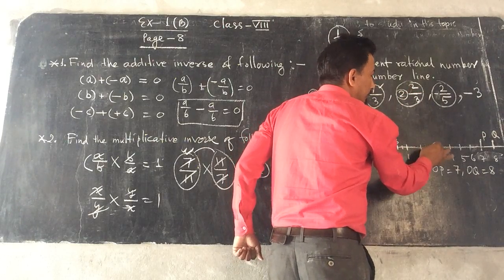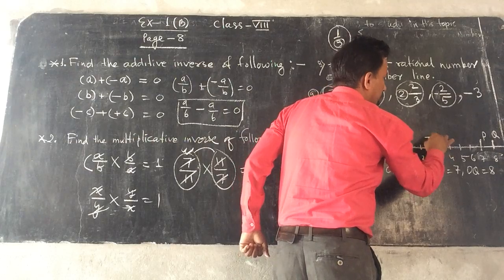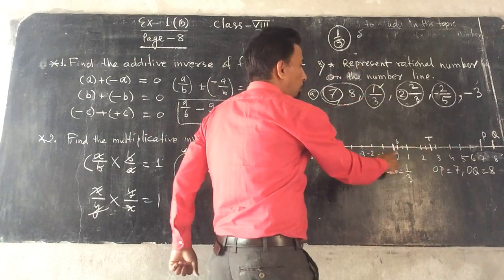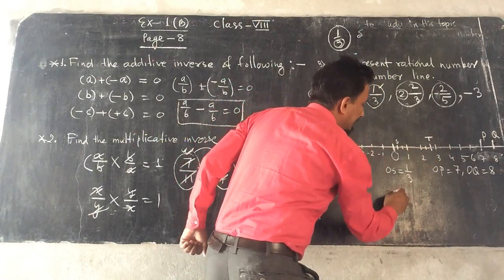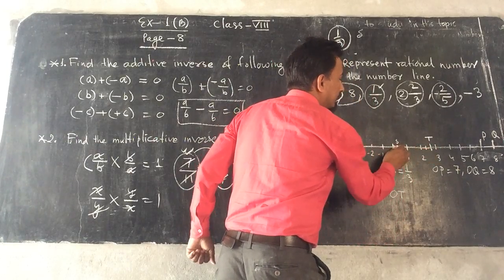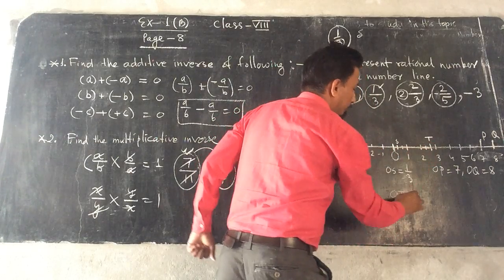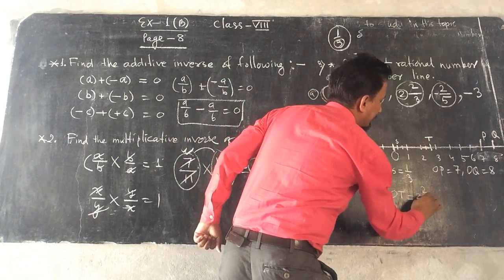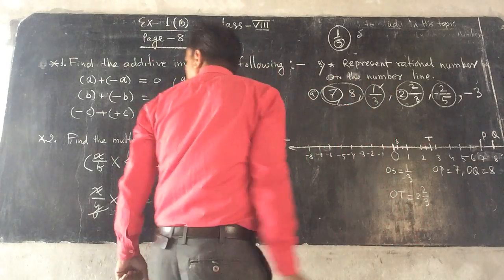Got my point? It is ST. It means OT, which is representing 2 by 3. From O to T, this distance represents 2 by 3. Is it difficult?